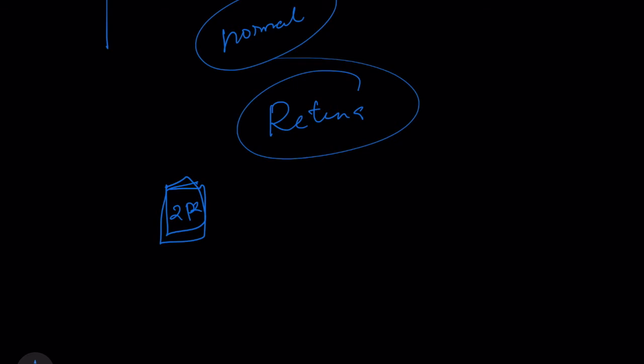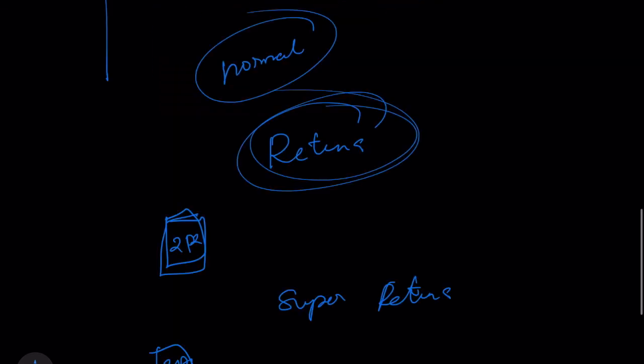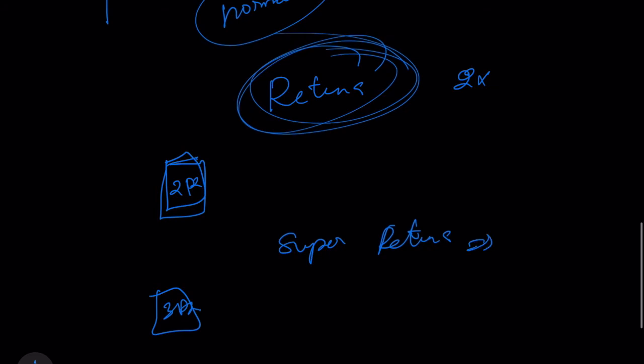That is why we call it retina. And you might have figured it out, the same way with super retina, each box will contain 3 pixels. So we call normal a 1x scale factor, retina a 2x scale factor, and super retina a 3x scale factor.